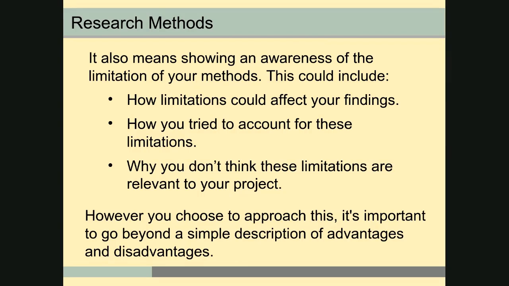So in that way, I'm showing that I have the knowledge and awareness of this limitation, but saying it's actually not relevant to this project because, and again, providing that justification.